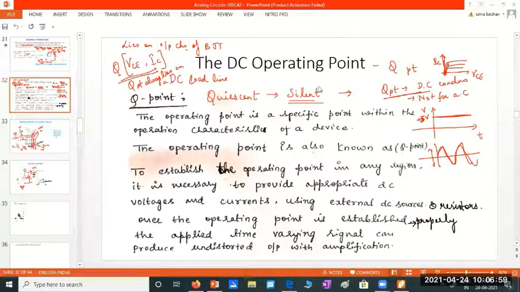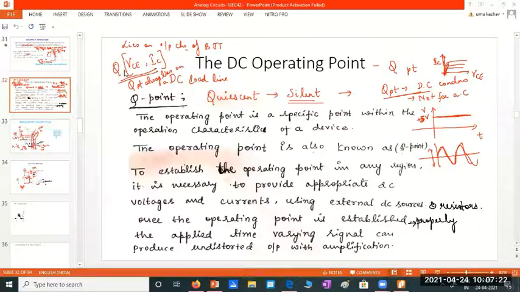So this Q point is normally defined with respect to DC conditions. This operating point is a specific point on the output characteristic curve of a transistor, which gives us the location, or the operating values, of collector current and collector emitter voltage.